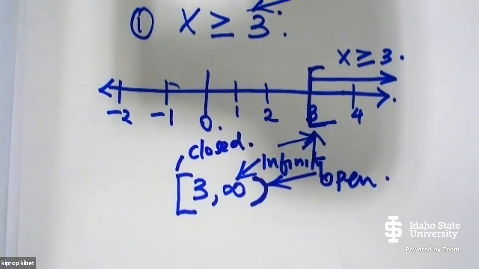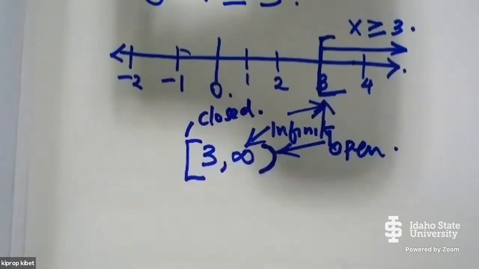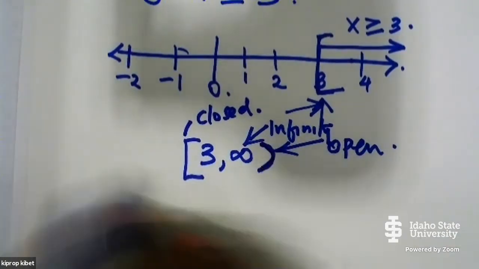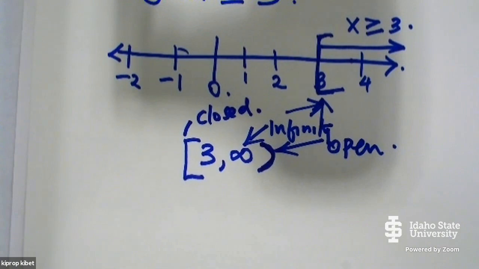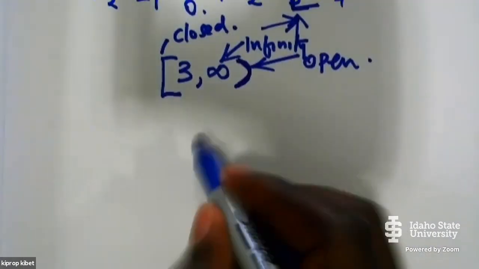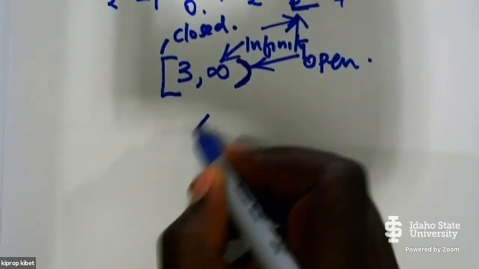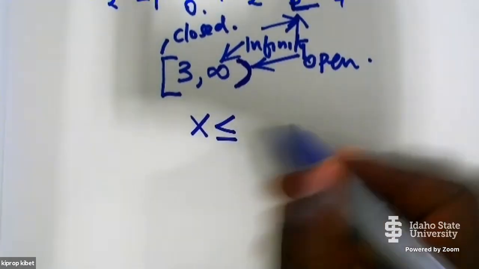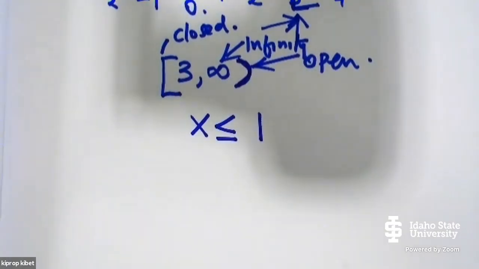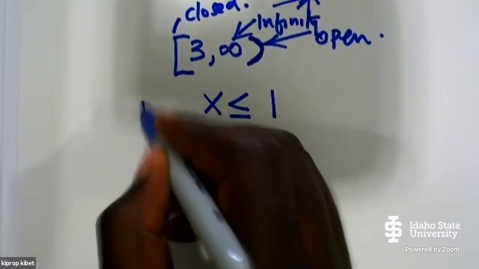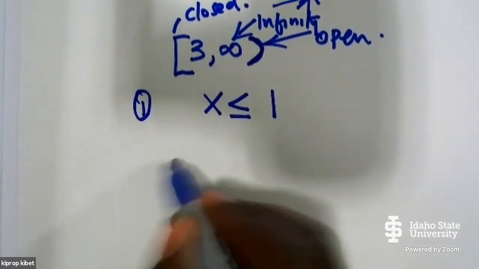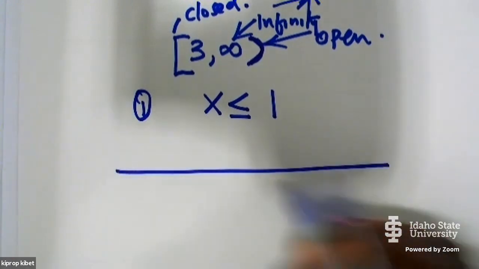You will still use that one maybe later in mathematics. So those are the values which are going to the positive direction. Now, if it is, let's say, x less or equals to maybe 1, like what we have in our notes, then this is the first step. The next step is you now draw.